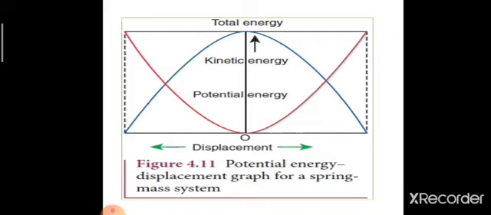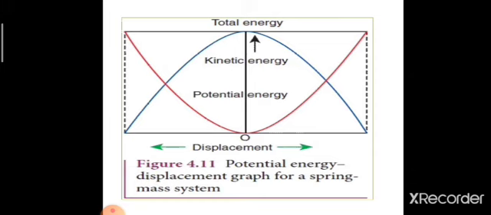But in any of the positions, the sum of mechanical energy, that is kinetic energy and potential energy, will be a constant. In this picture, the blue curve represents the kinetic energy and the red curve represents the potential energy of the particle. The black line at the top represents the total energy, which is constant at every point.